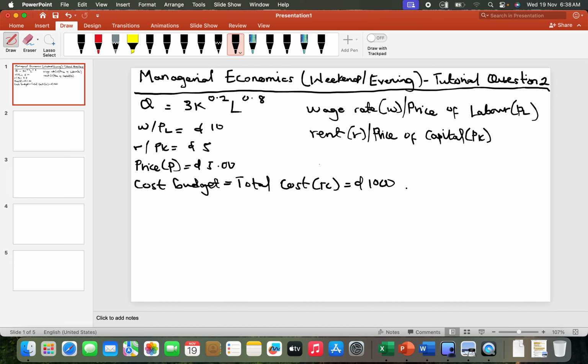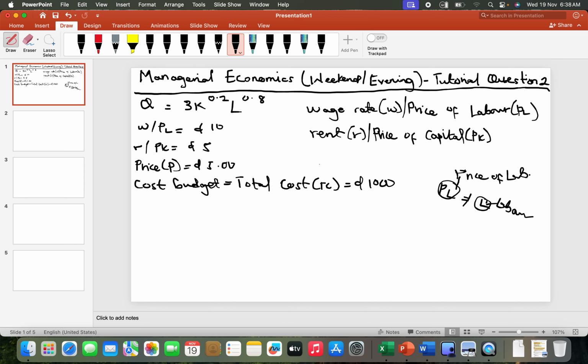So wage rate is the same as price of labor. For wage rate we use W, for price of labor we use PL, it's the same thing. Now, price of labor and labor are not the same. This is just labor, this is price of labor.